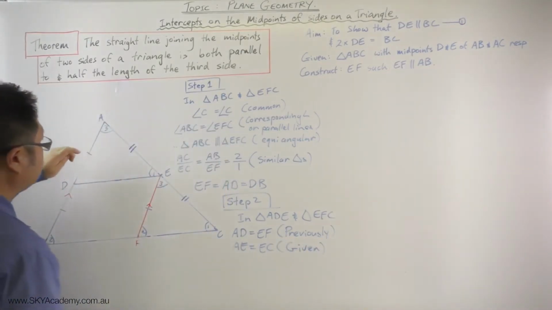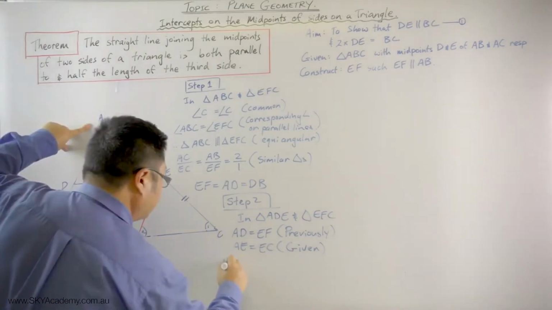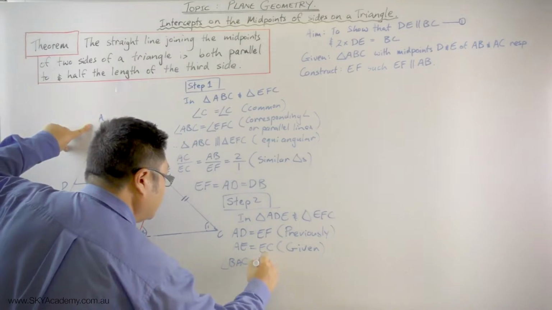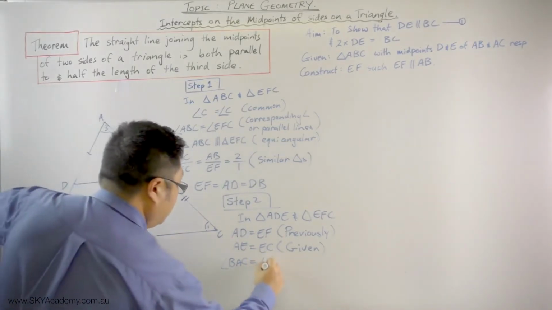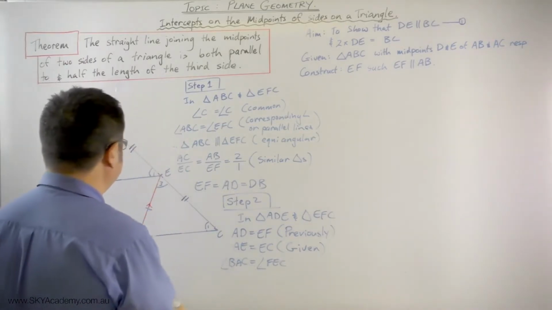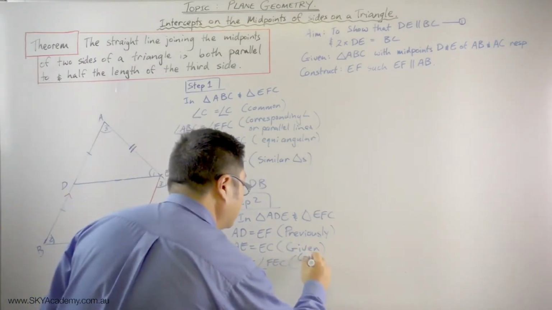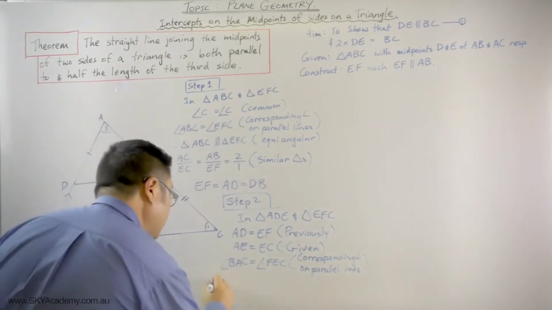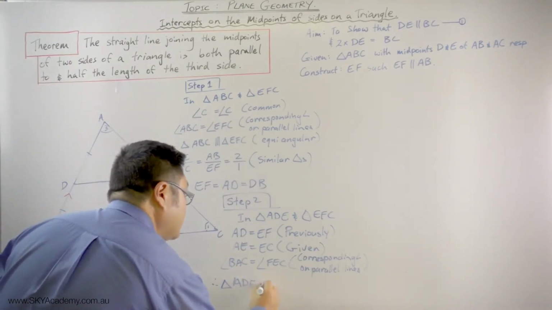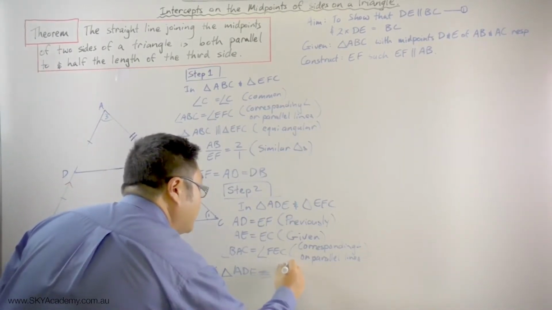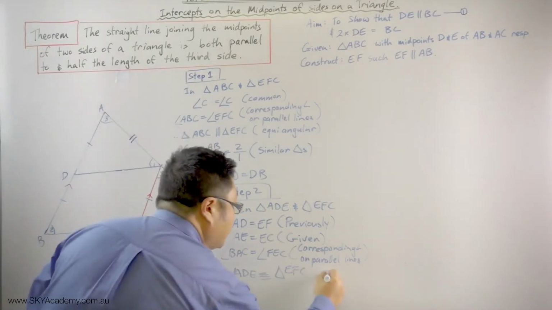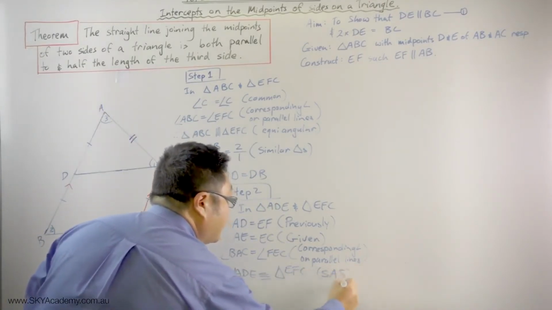And finally, we've got angle BAC is equal to angle FEC. And why is that? Corresponding angles. All right, which means that triangle ADE is congruent to triangle EFC. The reason why they're congruent is because SAS, side angle side.